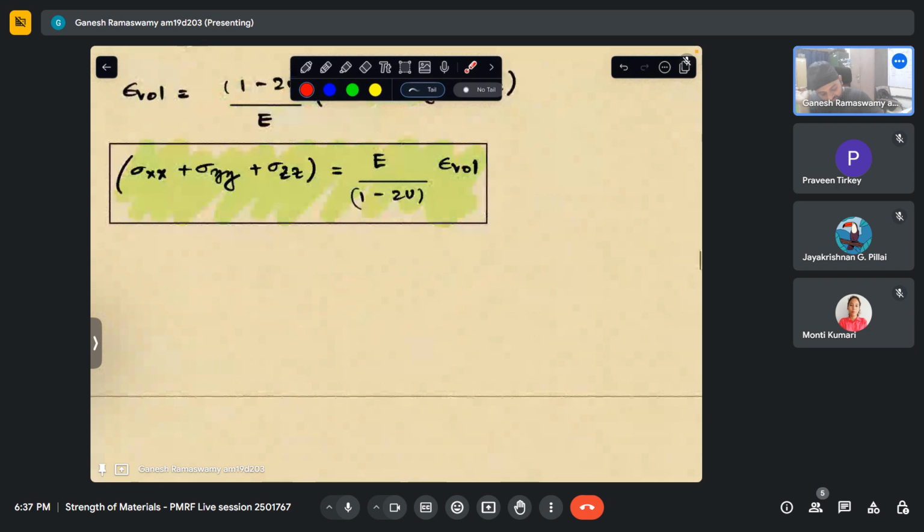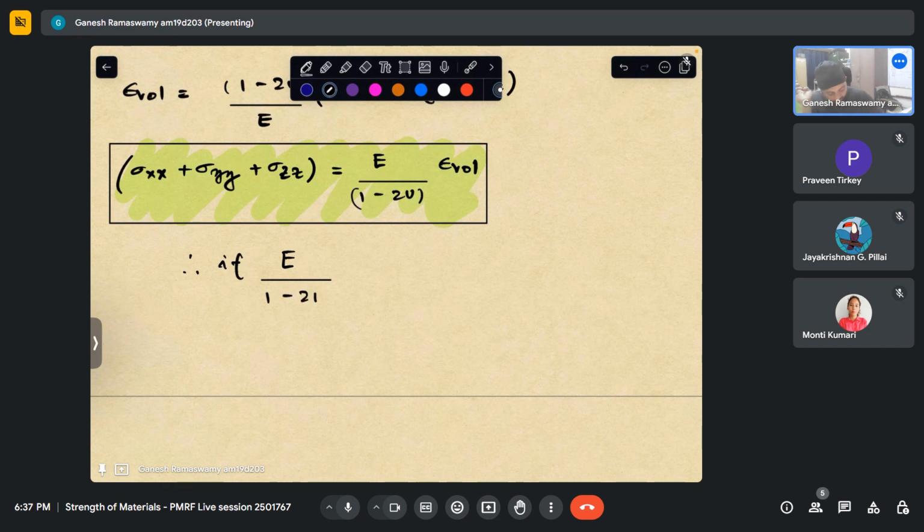So therefore, if E upon 1 minus 2 mu shoots to a very large quantity, if it tends to infinity, then given a stress state, the strain will naturally have to go to zero in order for us to have that correlation.